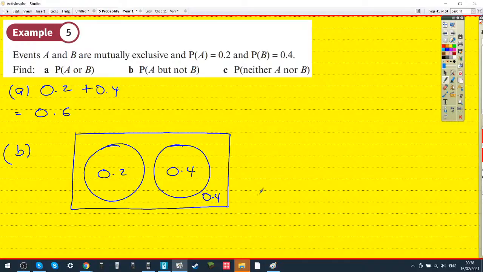Alright, so what is A but not B? So would it be 0.6 then? I think you just have 0.2 and 0.4 on the outside. But it has to be A. So I think it's just 0.2. Okay. And C, 0.4. So I suppose we did need it.